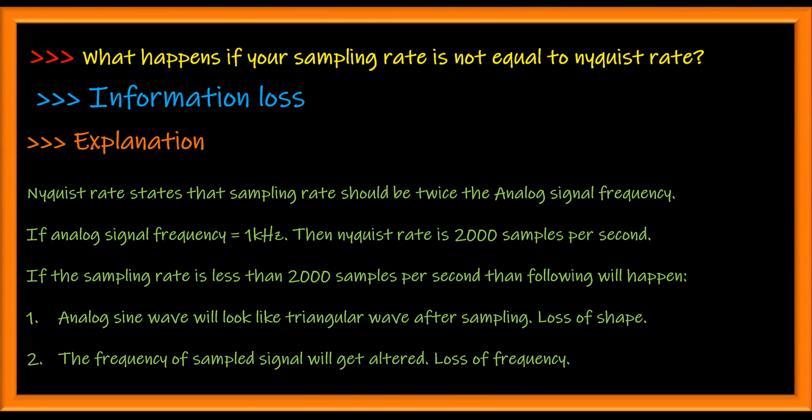So, if the Nyquist rate is not kept, two disadvantages we could end up facing are the loss of signal shape and the loss of the signal's frequency, both of which contain your signal information. Or in general, you lose information if your sampling rate is less than Nyquist rate.